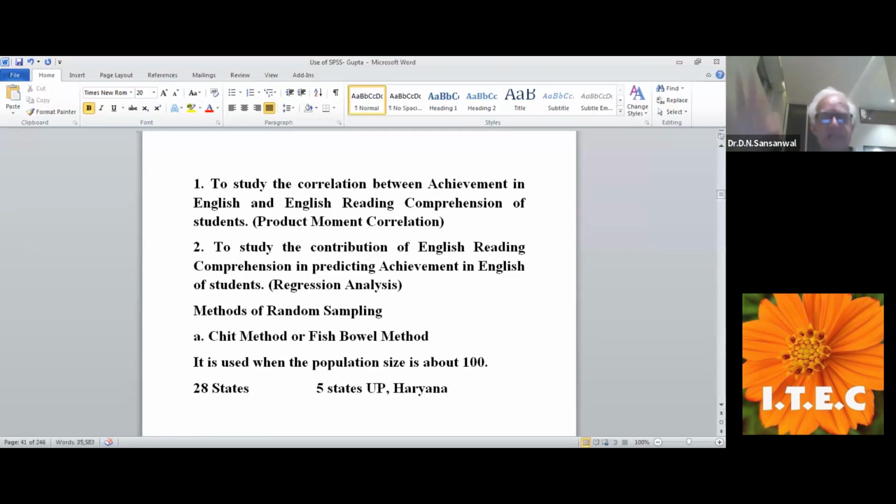So the two states have been selected. Now you replace the slip again, so that the total slips in the container becomes 28. Shake it again well. Now take out one slip. And on that slip, the name of UP is written.